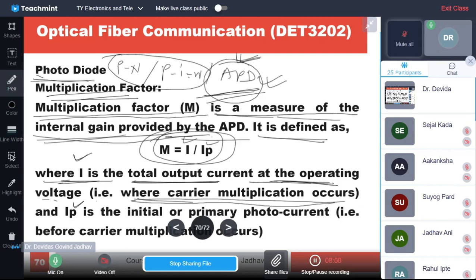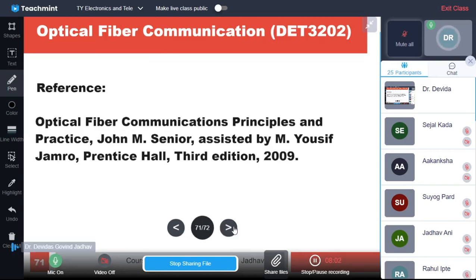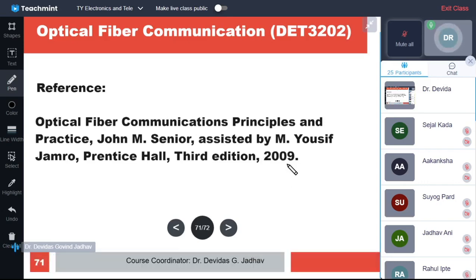So the reference is Optical Fiber Communication Principles and Practice, John M. Senior, assisted by M. Yousif Jamro, and this book is Prentice Hall's publication. It is the 3rd edition, 2009, and now recent books may be available. For all the units, 95 or 99% we are using this book.